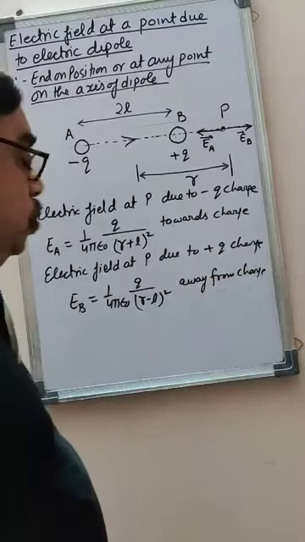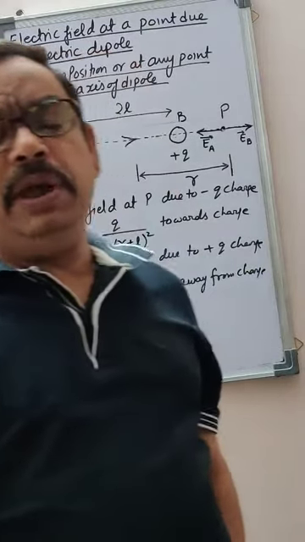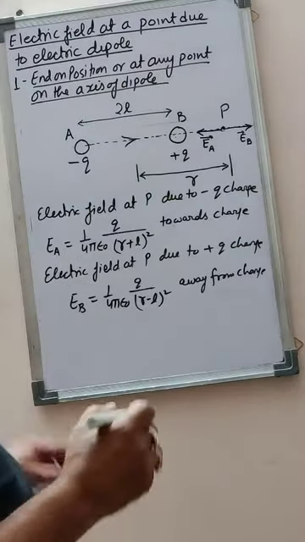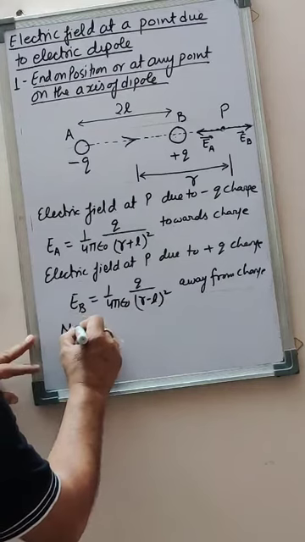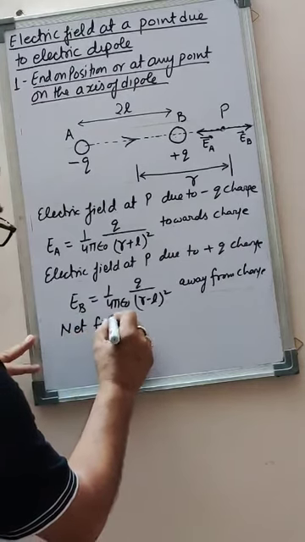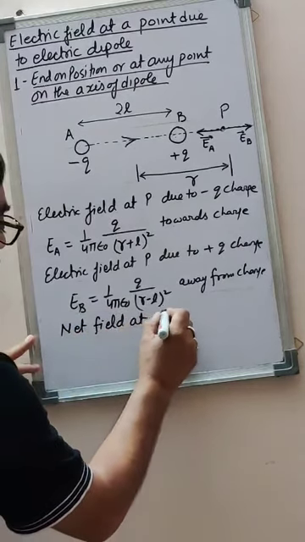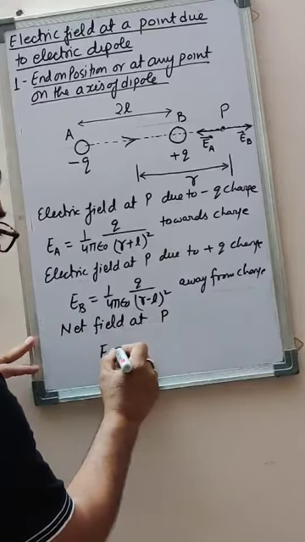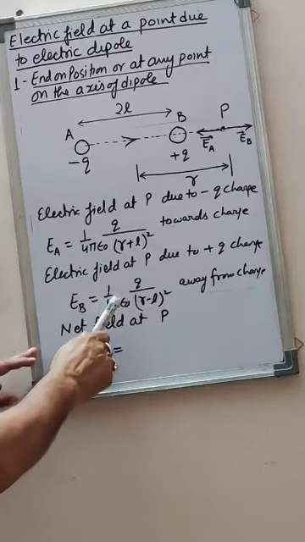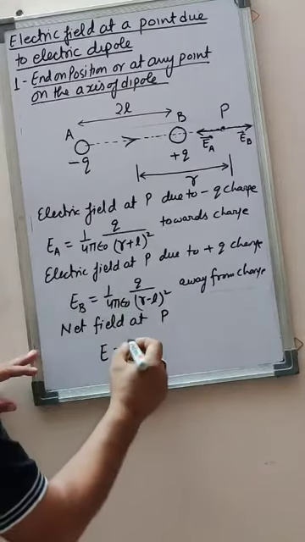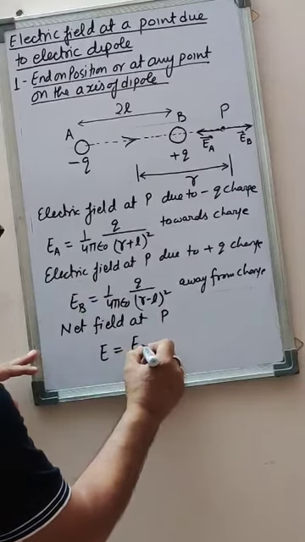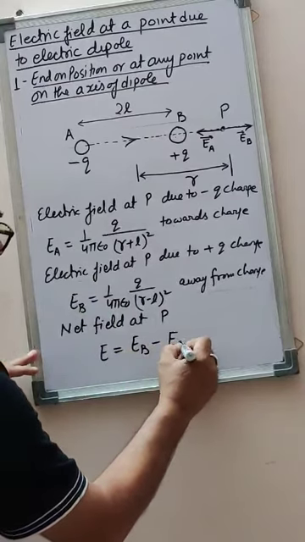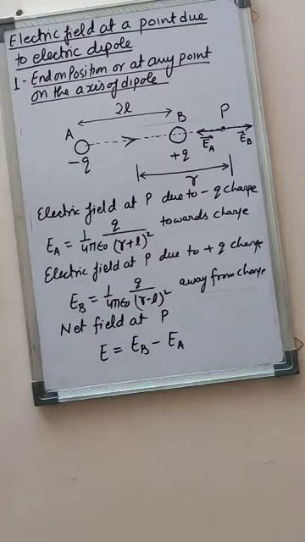Now as the two electric fields EA and EB are oppositely directed, you will subtract the two fields. So net field at P, E will be, EB will be greater and EA will be smaller, so EB minus EA. You will subtract EA from EB.